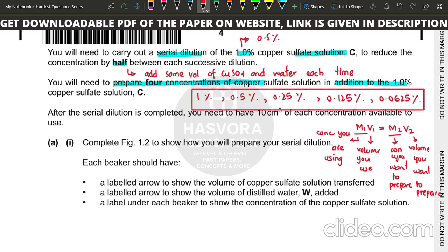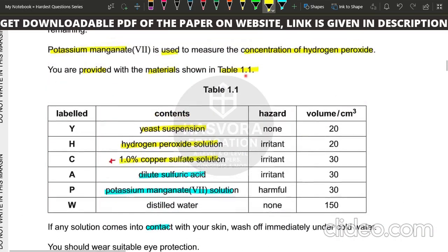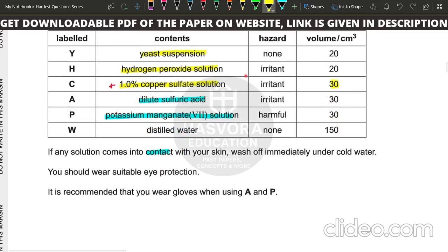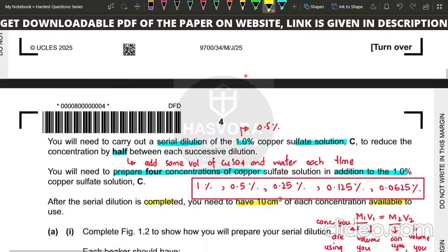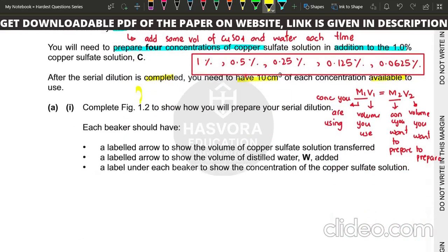Okay, now they are telling you that after the serial dilution is completed, you will need to have 10 cm cube of each concentration available. Now if you see, they have given you how much? They have given you 30 cm cube. So out of that 30 cm cube, you will use 20 cm cube which will be the initial 1%.